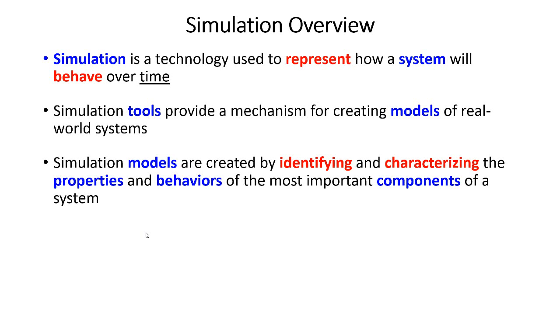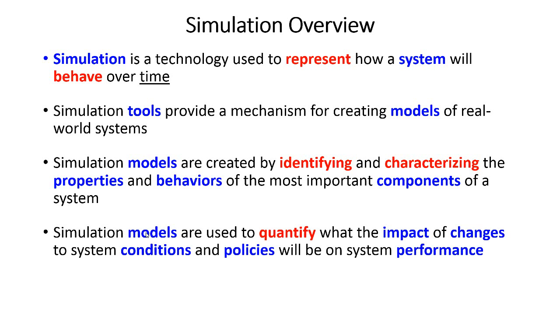The simulation models are created by identifying and characterizing the properties and behaviors of the most important components of a system. It's not about representing every detail that can possibly be observed. It's about representing the components that are most central to driving the behavior of the system that you're trying to analyze.